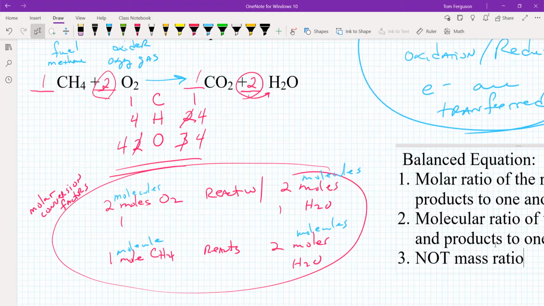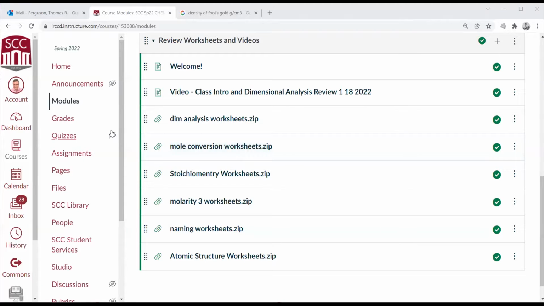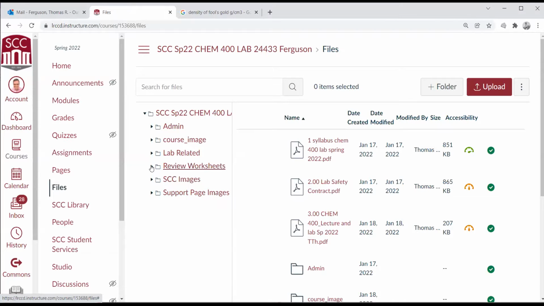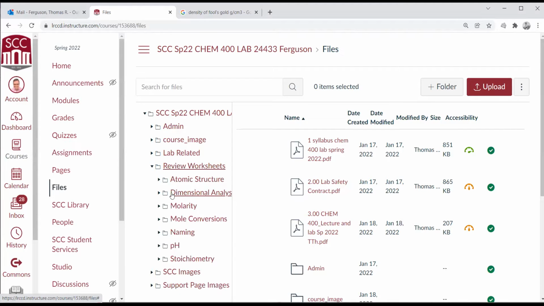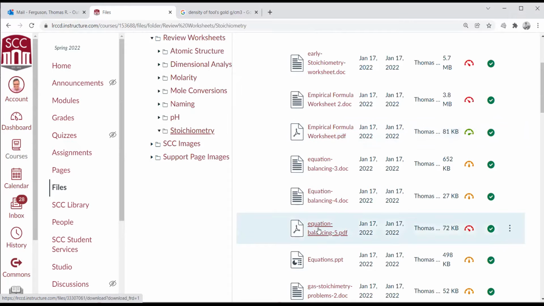Okay, and of course, if we go to good old Canvas, under modules, under stoichiometry, I have lots of equation balancing practice for you.